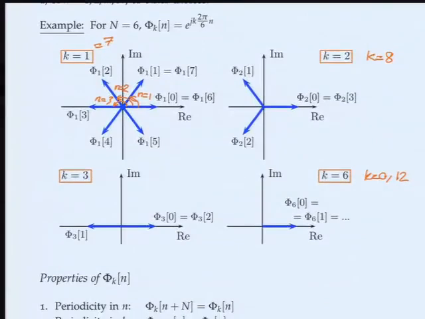So that means Fourier series in this case means any period 6 signal, I can represent as a weighted sum of these 6 complex valued functions. If the signal that I'm trying to represent is real valued, the coefficients of these functions will be such that the imaginary parts cancel out, so I end up with the real valued signal that I started out with.